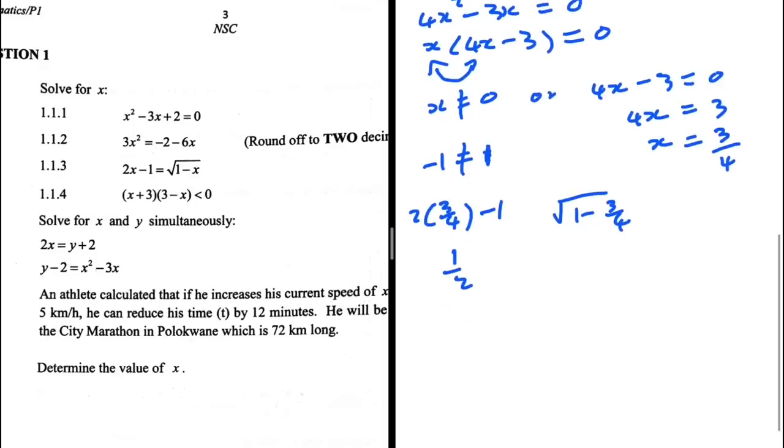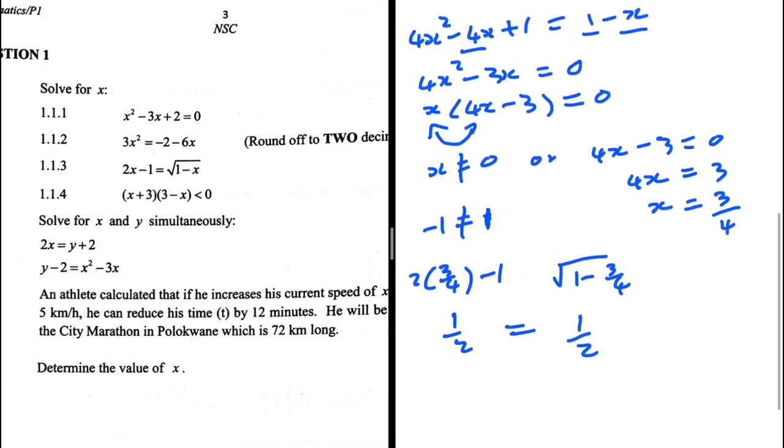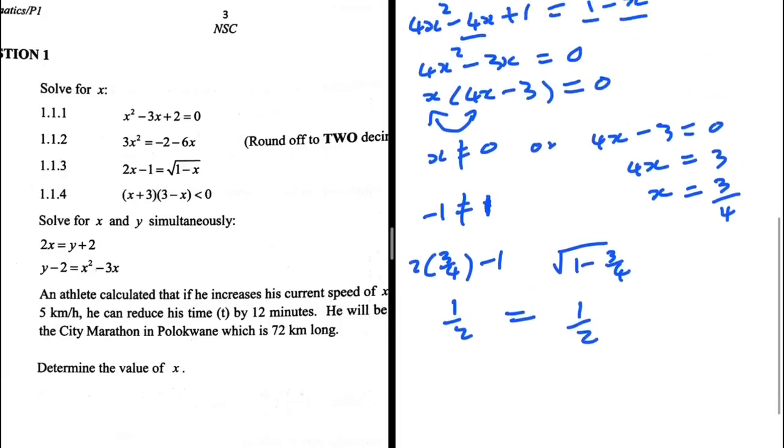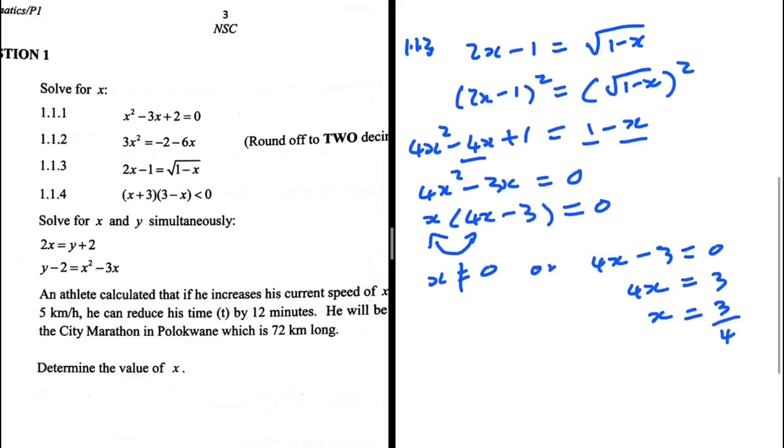Is it just 1 minus x? Yeah, it is. So 1 minus 3 over 4, we are getting 1 over 2. So they are equals to each other when x is equals to 3 over 4. So x is equals to 3 over 4 is actually our correct solution. X is equals to 0 is not a solution because minus 1 is not equals to 1.